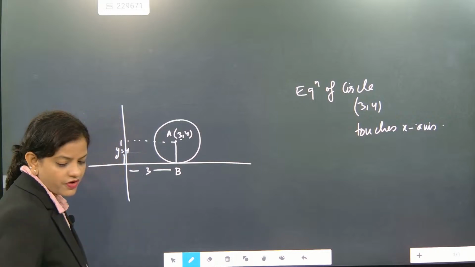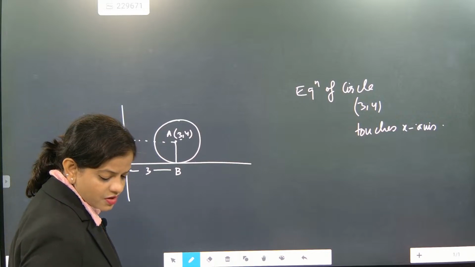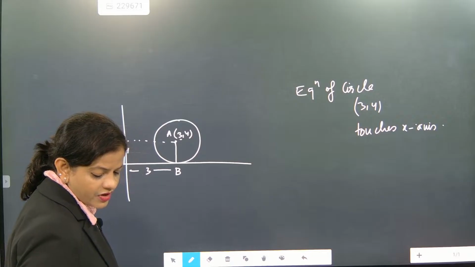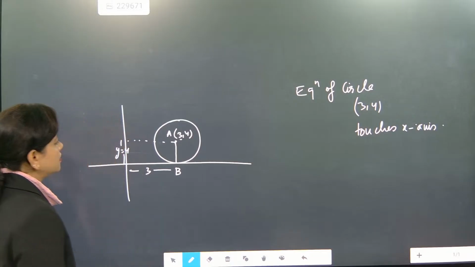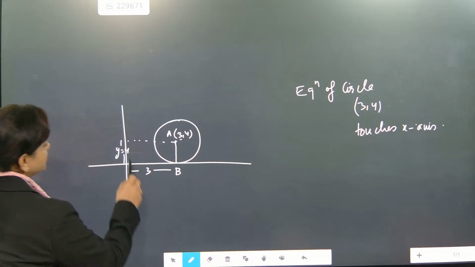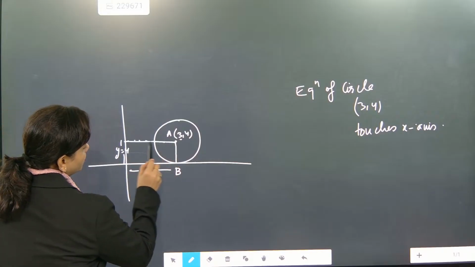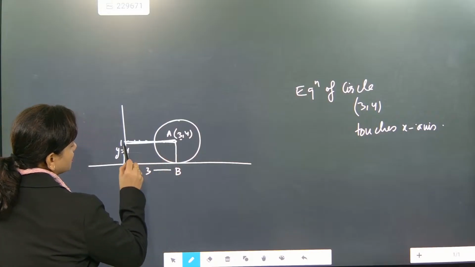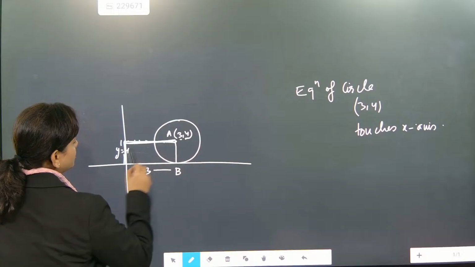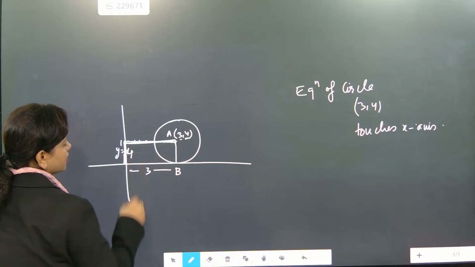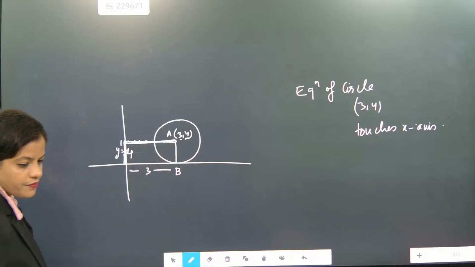Radius is coming as 5, but why would the radius be 5? Directly we can see this section. The radius will become 4. Check this length, it is parallel here, so this is the y value, and the y value is 4, so the radius will become 4.